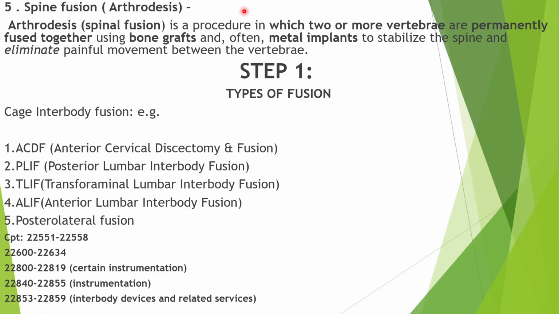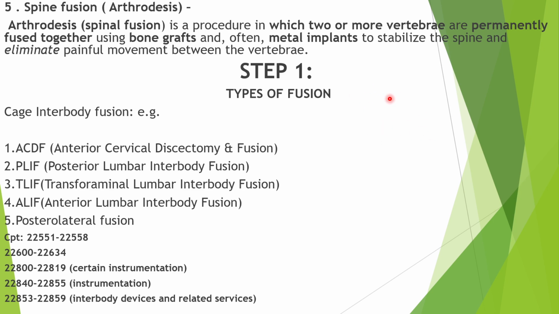The next one is spine fusion, spinal fusion, or we can say arthrodesis. Simply think about two loose bricks moving painfully against each other, the bricks from which our house is made.